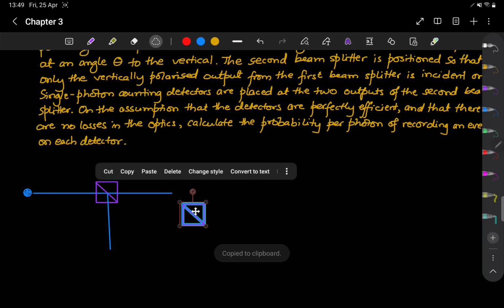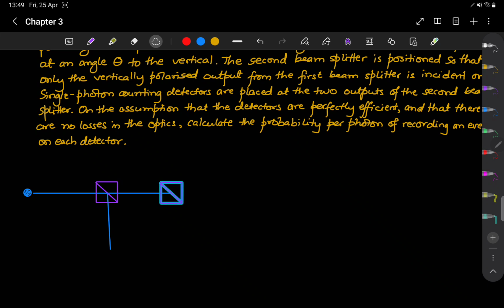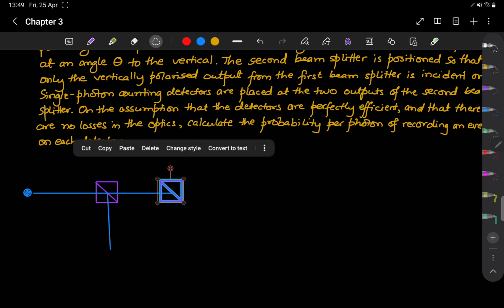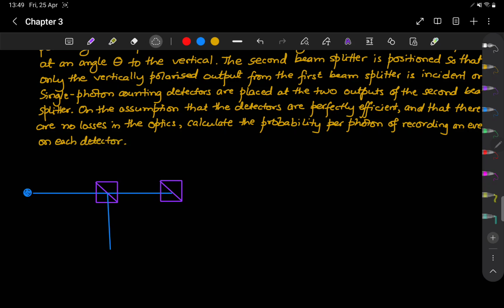Let me copy paste. However, the angle of this polarizing beam splitter from the vertical is theta. Let me draw that first.